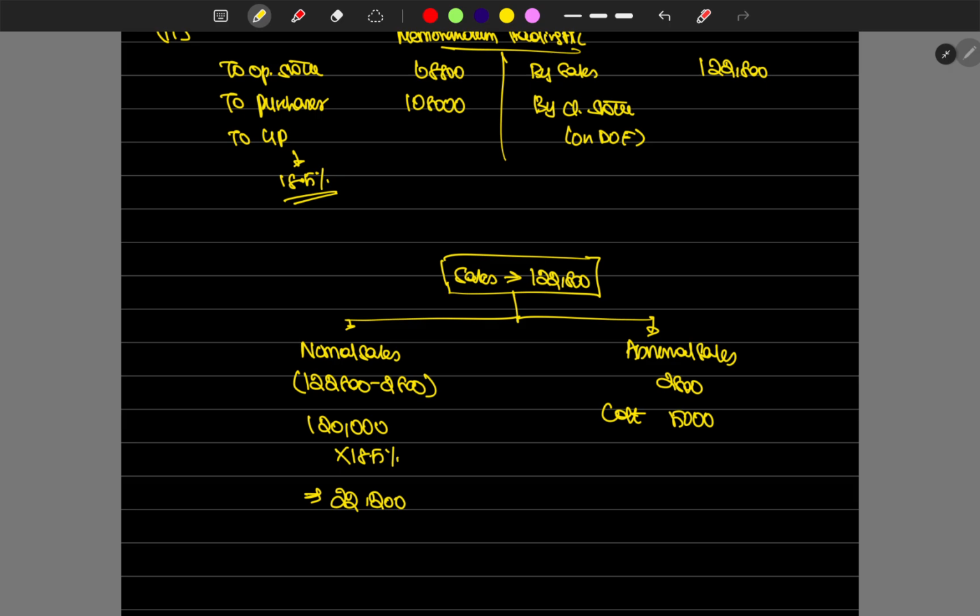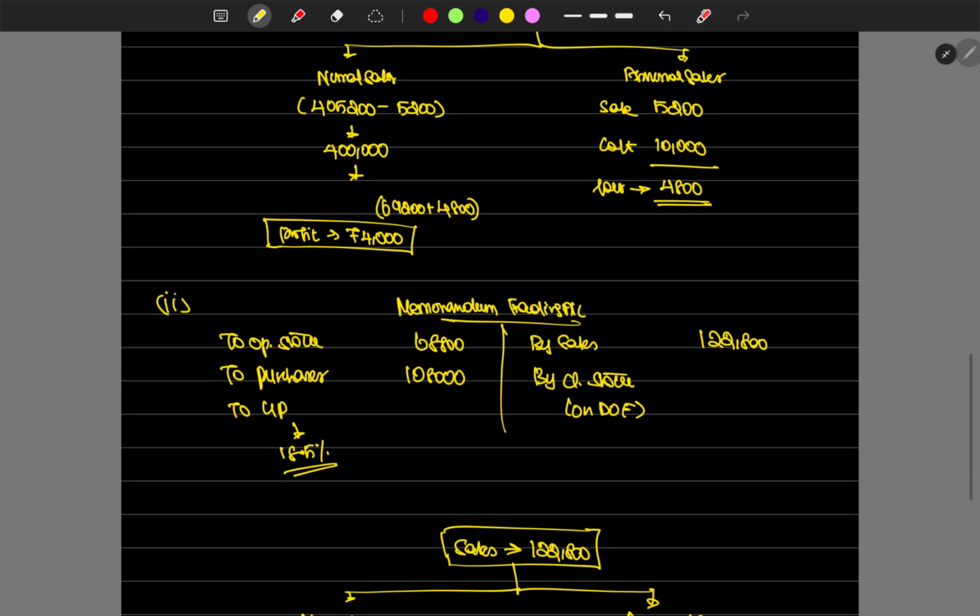Okay, here we face the loss of 2,200, net of, we get a profit of rupees 20,000, right?